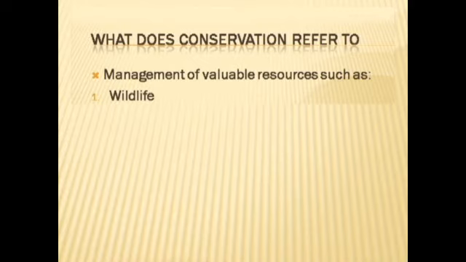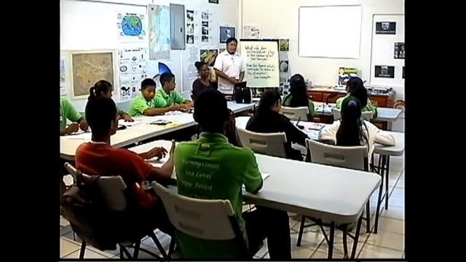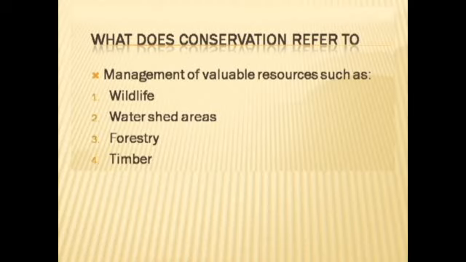Yes. Okay. The other one is the watershed areas. We need to protect them also. Forestry, where our trees are concerned, because remember we need the different forests for us to live and have that exchange of gas. Timber, we need to conserve it.